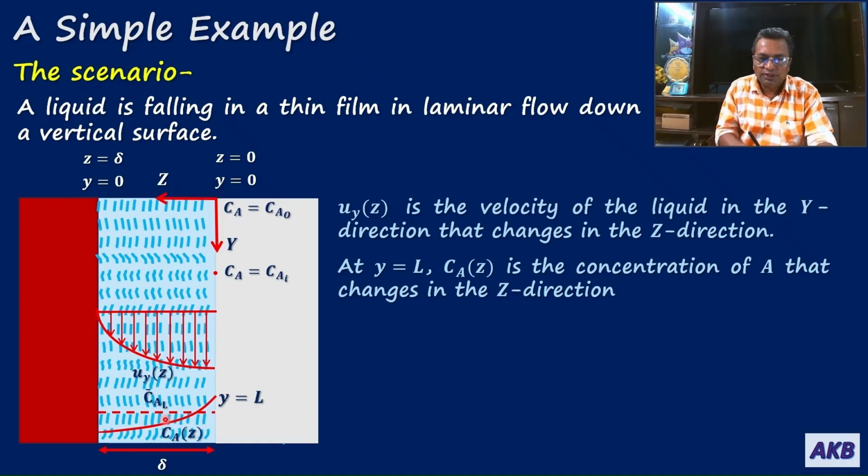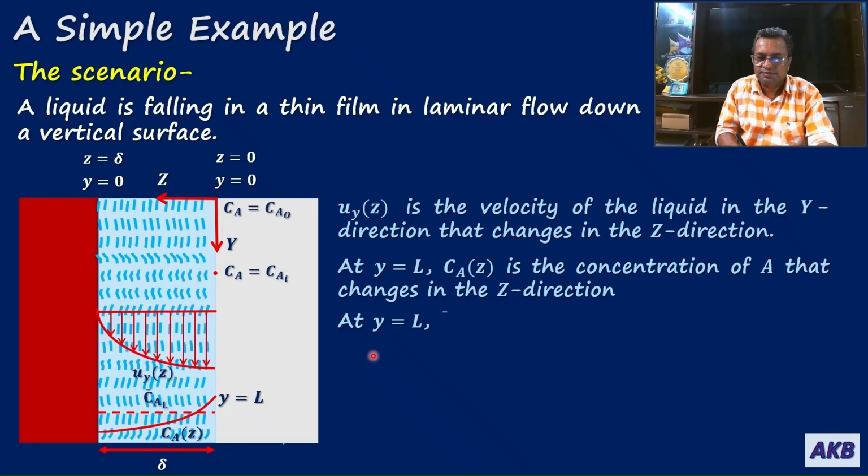Then we are going to consider an average concentration, which I will denote as Cal bar. What is Cal bar? Cal bar is the average concentration of E in the liquid at y is equal to L. Even though Ca is changing with z, in our discussion we are going to consider an average concentration, and that concentration we will denote by Cal bar.